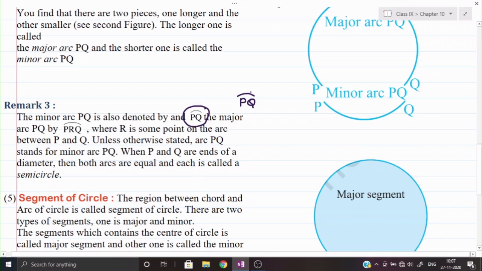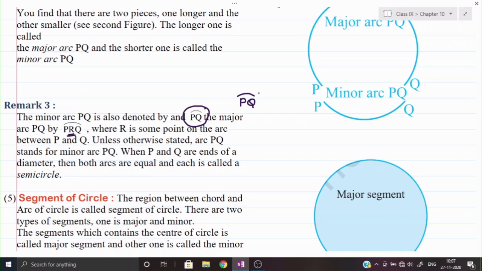And for a major arc, we write the full name PRQ, meaning whichever point is coming between P and Q, that point we also write down, and we put the arc symbol on top. If you don't want to use this symbol, you can simply write arc PQ, or you can write major arc PQ or minor arc PQ. That wording can also be written.